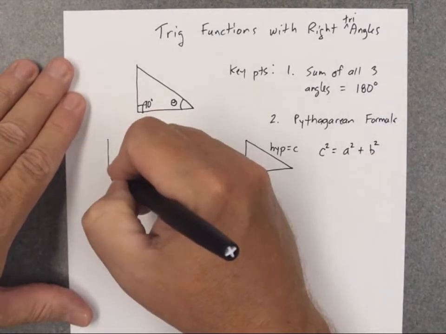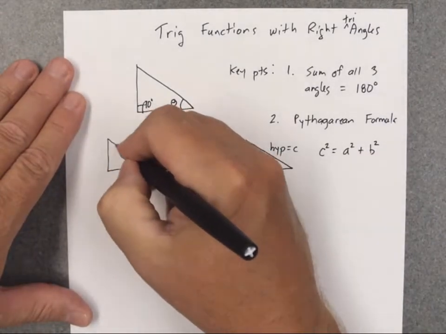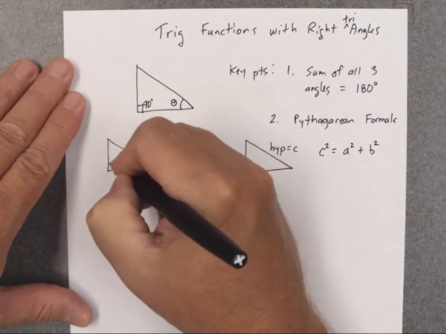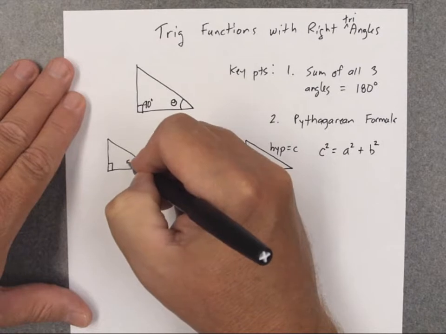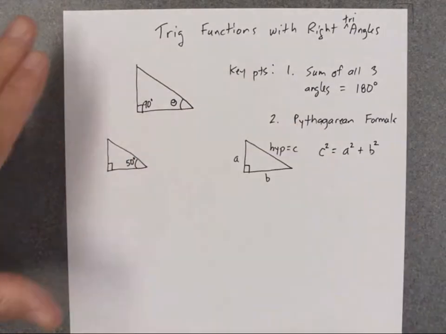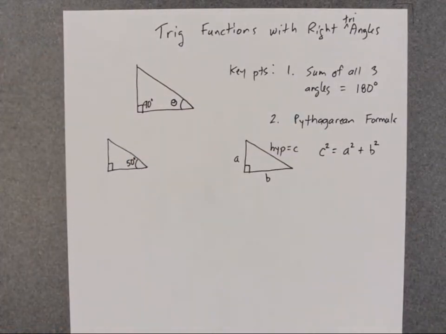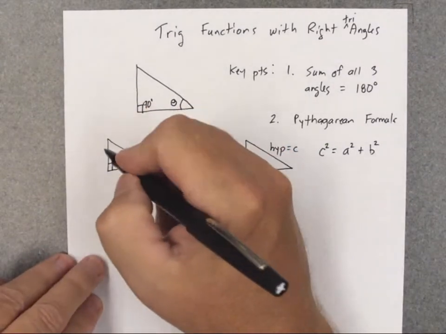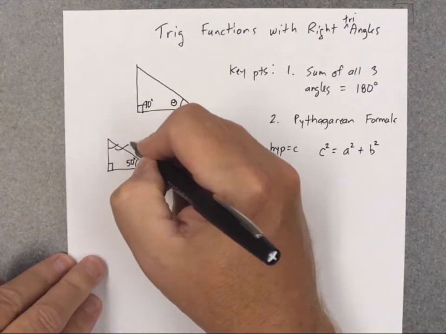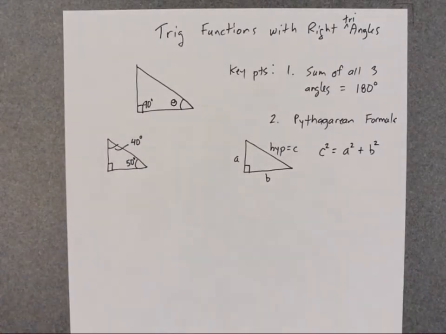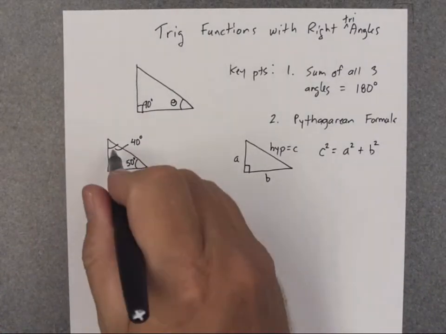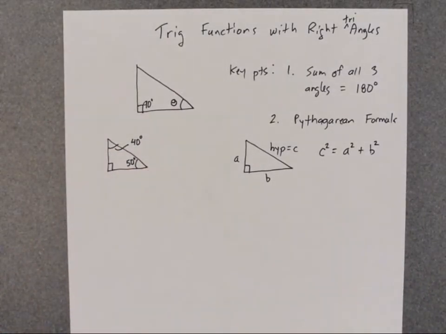Just for example, to make that clear, if I have a right triangle and I say this angle is 50 degrees, I know right away that that angle must be 40 degrees because these three angles have to equal 180.